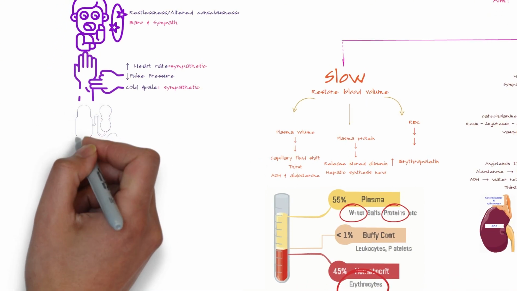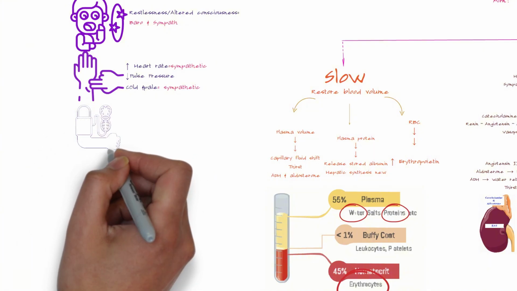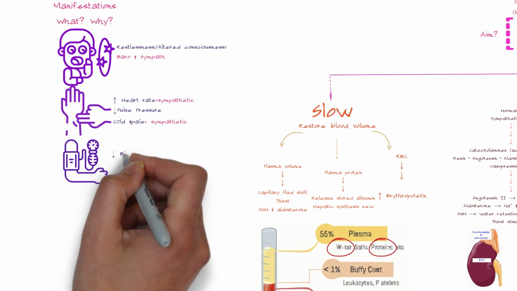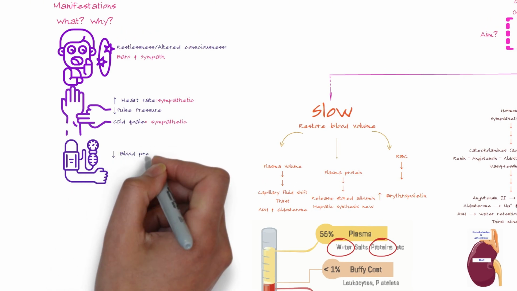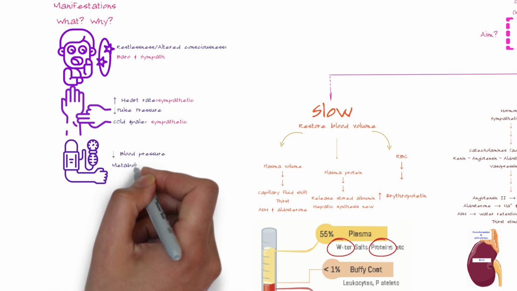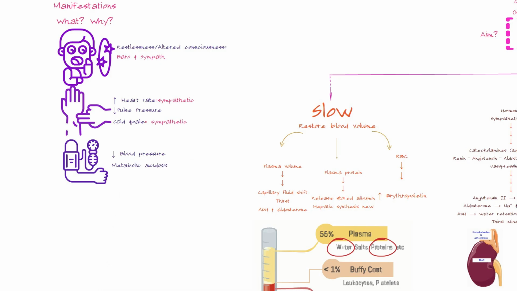And the narrow pulse pressure is mainly due to the dropping of the stroke volume. The blood pressure is dropped, and this will decrease the perfusion to the tissue and shift to anaerobic metabolism, resulting in metabolic acidosis. And in respiration, there is an increased respiratory rate due to the stimulation of peripheral chemoreceptors.